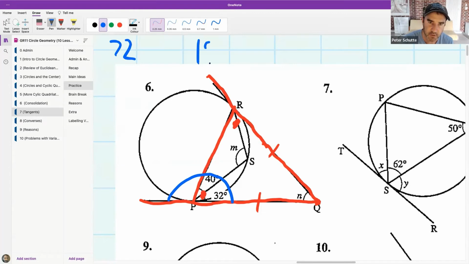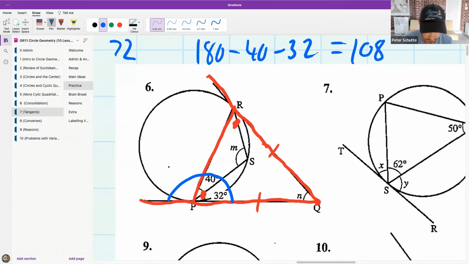And so I said 180 minus 40 minus 32, which are down here, gives me 108. So this is 108.